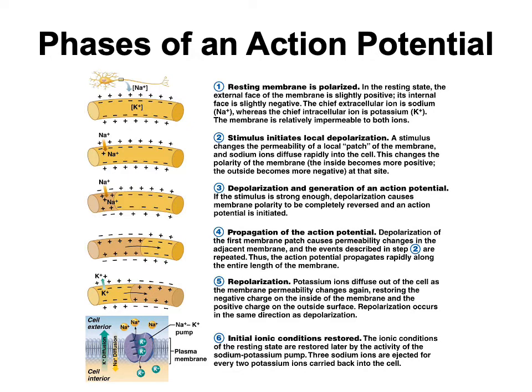That means that action potential will change the polarity of the neuron membrane as it moves down from the cell body towards the axon terminal. Once it has passed a segment of the neuron, that segment will then repolarize, and that segment will return to resting membrane potential.